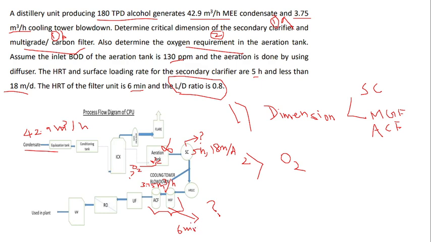And the dimension ratio given is L by D equal to 0.8. I hope the question is clear. We need to find the dimension of SC and then ACF and MGF, and then we need to find the amount of O2 used in the aeration tank, where the inlet BOD is assumed to be 130 ppm. Other data are given to solve the question.